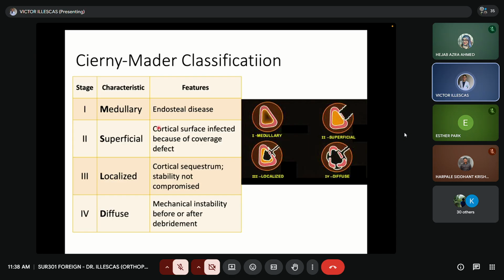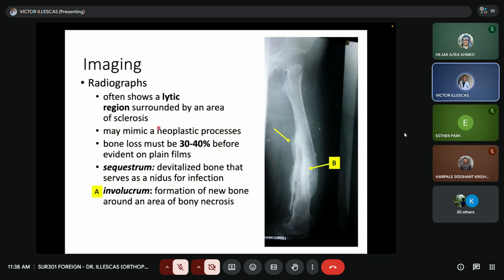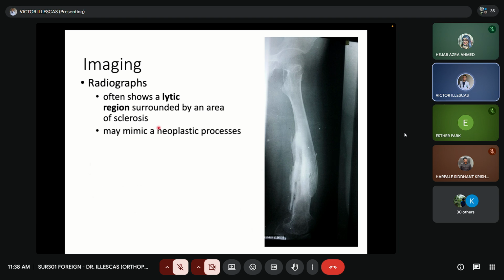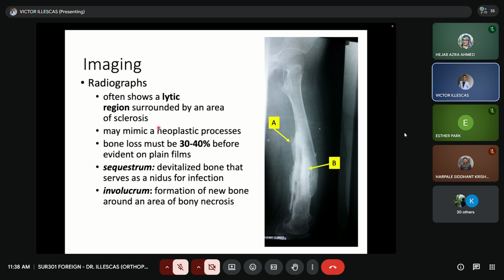So in our case, let's go back to our case. This is a 14-year-old, tama ba? 14-year-old patient with no comorbidities. Is this a Cierny-Mader classification 1, 2, 3, or 4?